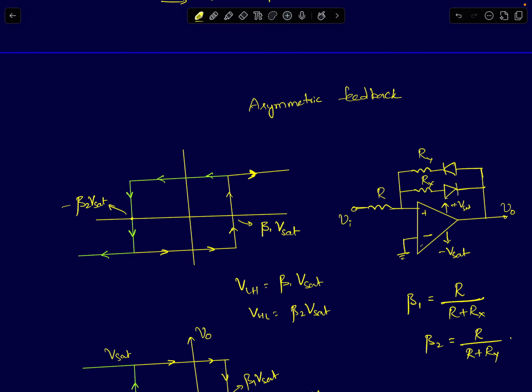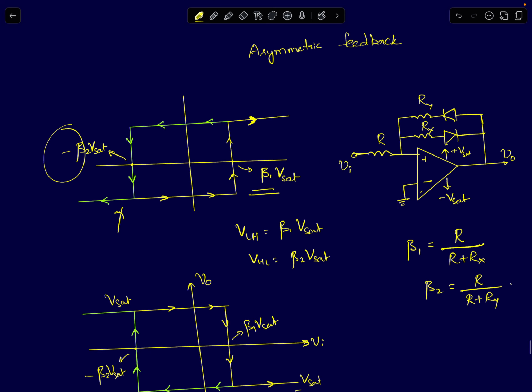If your output voltage is logic high, the feedback factor will be beta 2. If your output voltage is logic low, the feedback factor will be beta 1, where beta 1 and beta 2 are given by the variables here. I'm sorry, this is a non-inverting Schmidt trigger. Beta 1 sets the low to high threshold voltage, which means your output should have been low to begin with, so it should have been minus Vsat, which means it will turn on this diode.